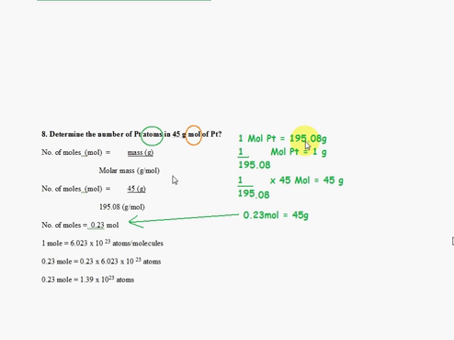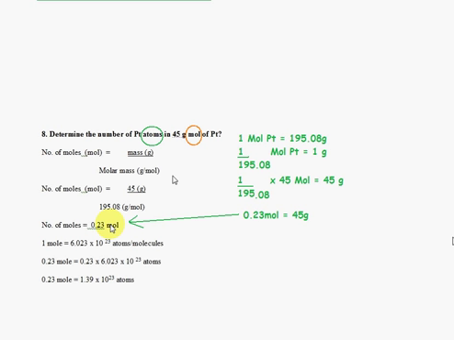Switch sides with the 195.08 and it divides on the left, so 1 over 195.08 moles of platinum is equal to 1 gram, and then 1 over 195.08 by 45 moles is equal to 45 grams. So I've just gotten it around 45 grams, and then 45 grams stays as is on the right hand side. Do the sums on the calculator and you get 0.23 moles, which is the answer that's here.